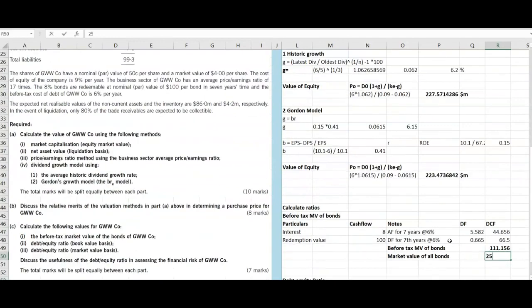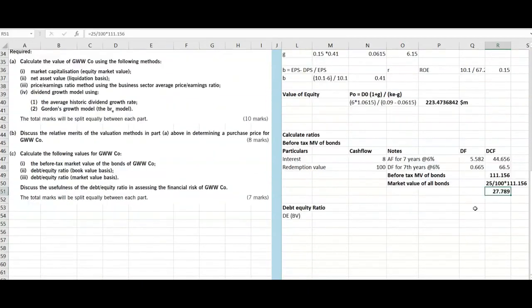So we can put it like this: 25 million represents 100 value of nominal, but the market rate is 111.156. So that is how the bond should be valued. So we'll find out the entire worth of the bond. We'll put it here. So the entire value of the bond comes to 27.789.